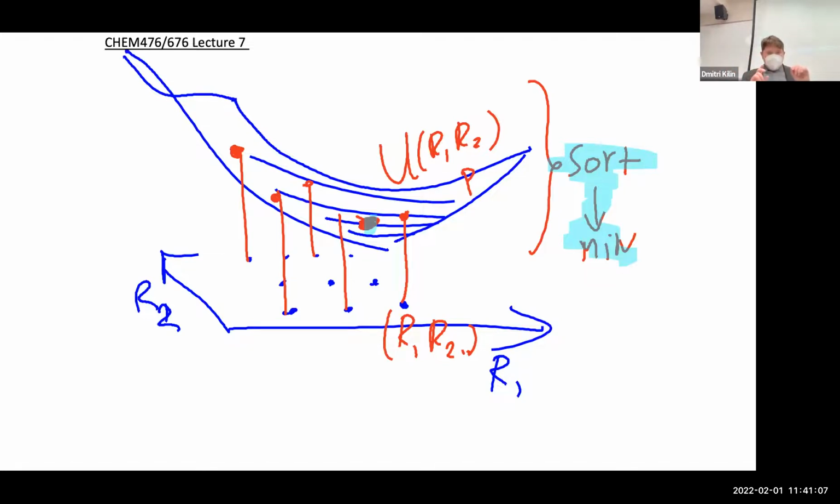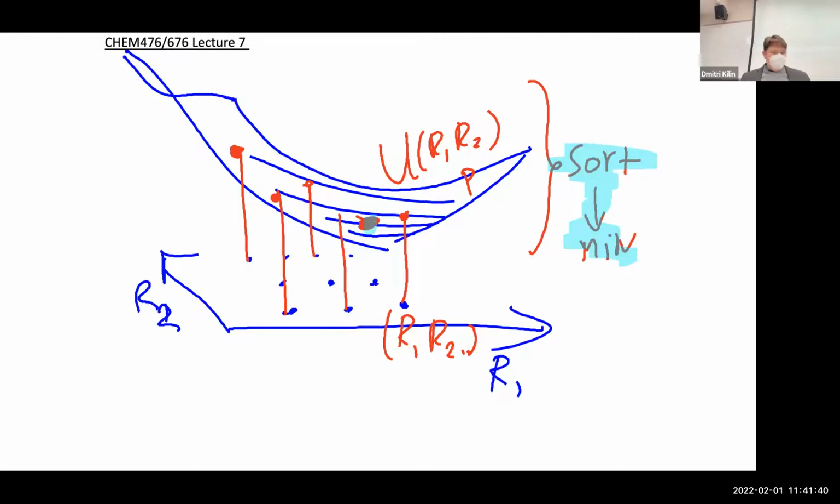And for each multidimensional grid point, we already know the value of the potential energy surface. Then we do not need any algorithm. We just plug this multi-variable function into Excel and tell it to order it, find the minimum, right? And then we will find what is the value of the minimum and what are the positions that are responsible for this minimum, correct? So if this were true, then our whole lecture is garbage.